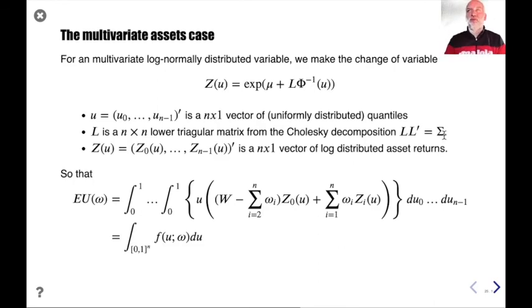And then the integral is no longer a one-dimensional integral, it's an n-dimensional integral. Now you integrate the utility over all the different assets with respect to this uniformly distributed variable u. I've already made that change of variable and substituted it in. But now it's a high dimensional integral.